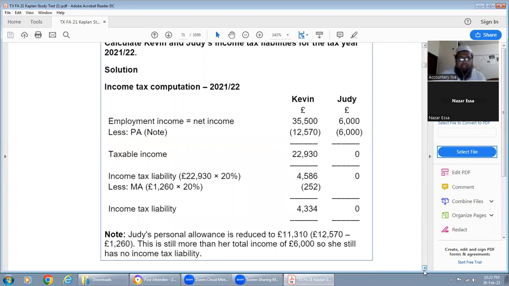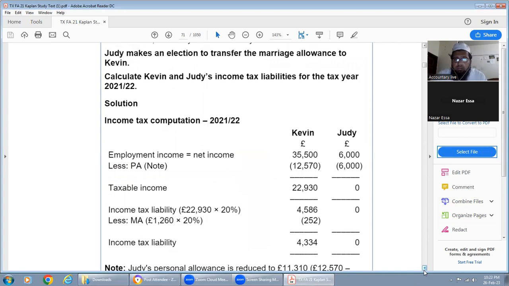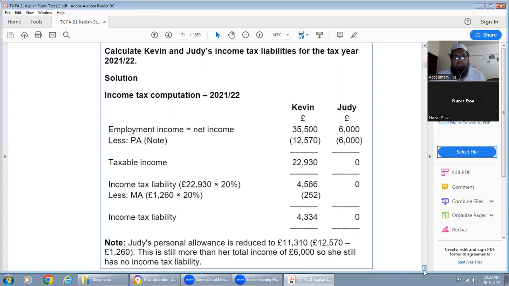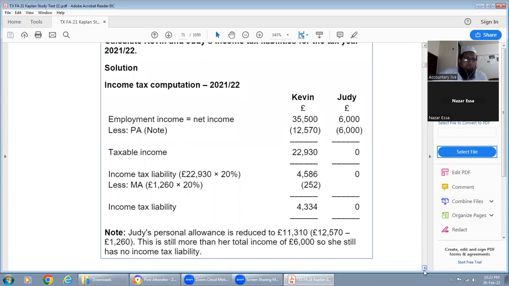Kevin gets a benefit of 252 from this marriage allowance, because Judy has given her marriage allowance to Kevin. Now the income tax liability is 4,334. Note, Judy's personal allowance is reduced to 11,310.